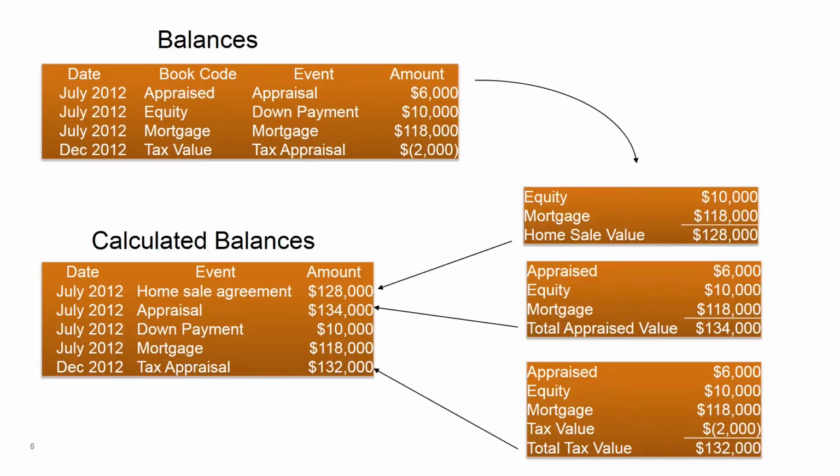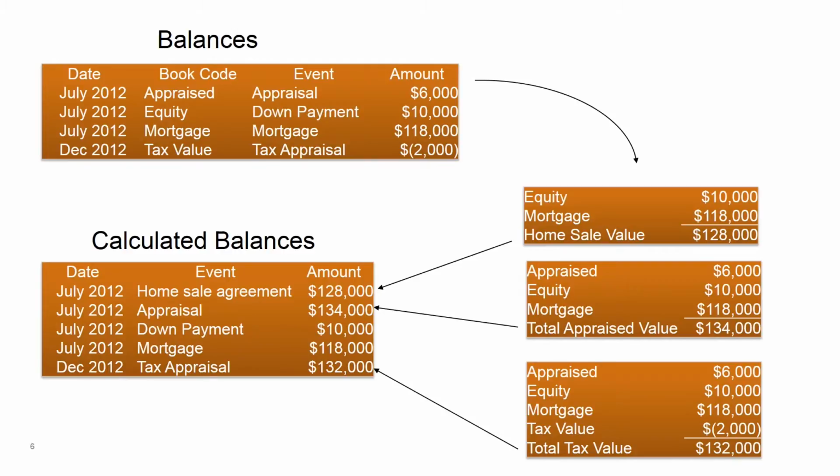So if we go this route, then from these set of step-up balances that are recorded on the top of this slide, we can calculate all of the bottom balances that we want to. The home sale value would be $128,000, which is 118 plus the 10. The total appraisal value would be $6,000 plus the $10,000 plus $118,000 to get us to $134,000.